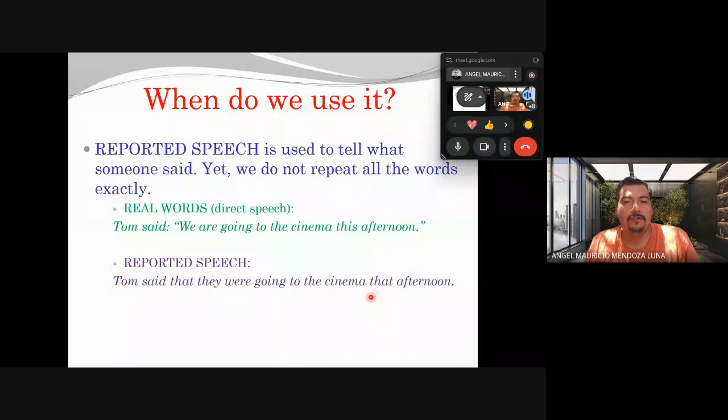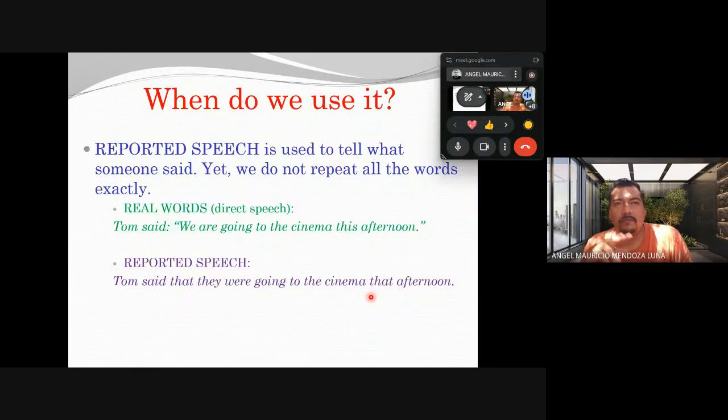The real words will be: Tom said, we are going to the cinema this afternoon. In a conversation, for instance, you're among your friends and someone said, we are going to the cinema this afternoon, and you basically did not pay attention and said, sorry, what did you say?